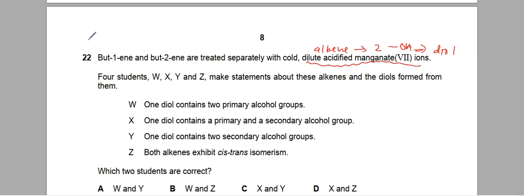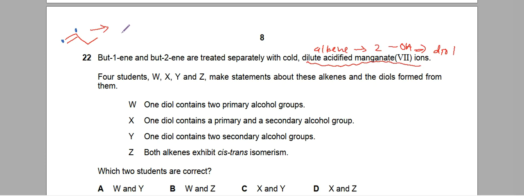Build 1-ene: the double bond is on the first carbon, 1, 2, 3, 4, and then 2 alcohol groups are added at the double bond, at these 2 positions here. So we expect it ends up like this.